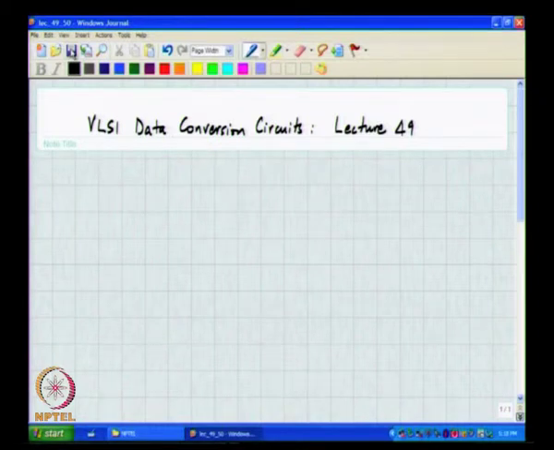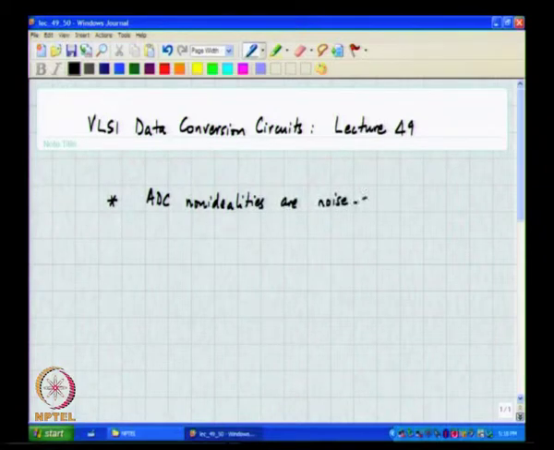And then after the discussion on the flash architecture, a couple of things that pertain to flash converters, especially with regard to a delta sigma loop. One thing that we all know now is that ADC non-idealities are noise shaped in a delta sigma loop, right.